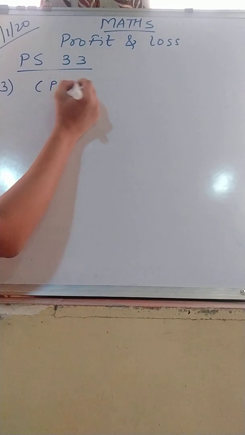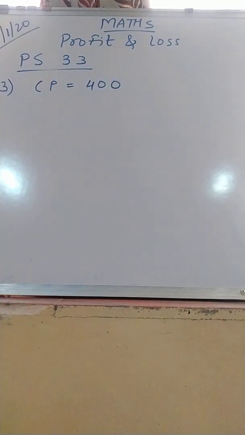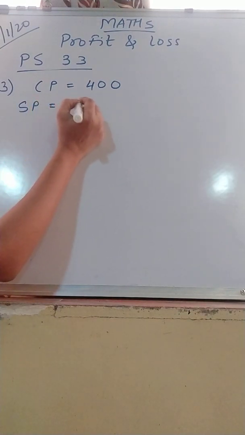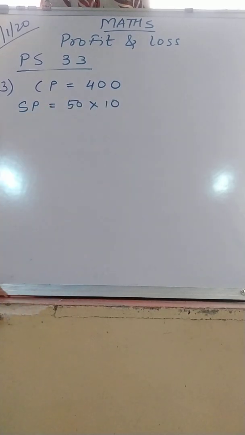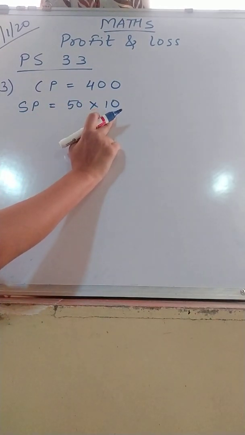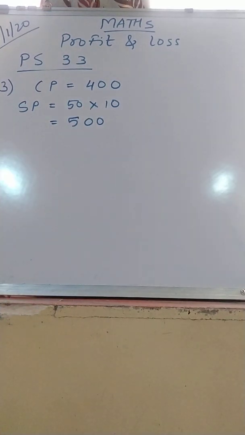Cost price we know. What is that? 400 rupees. Right? How many apples are there? 50. What is the cost of one apple? 10. So SP is equal to 50 multiplied by 10. Right? Because number of apples 50 and cost of one apple is 10. So my answer is 500.